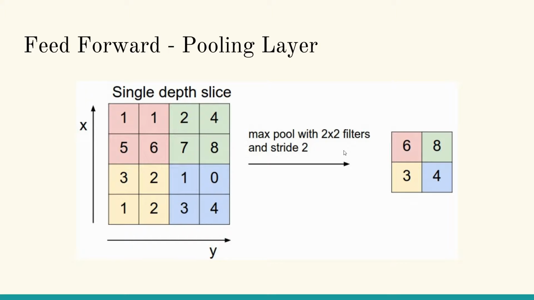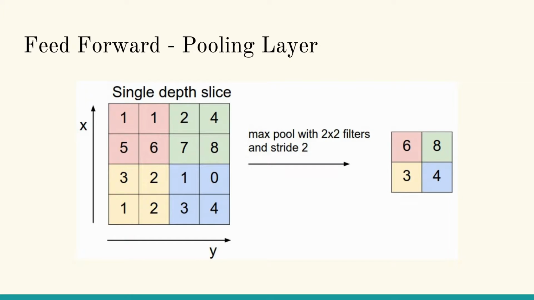There is also a different kind of pooling layer called the average layer, where you take the average of this minor matrix and output it in the next layer. This layer is usually used to reduce the size of the matrix.